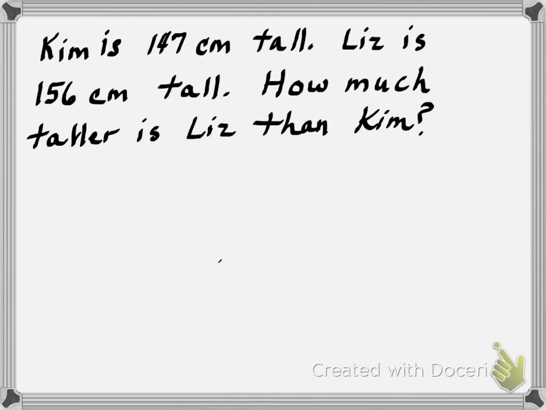Here's another one to try. Kim is 147 centimeters tall. Liz is 156 centimeters tall. How much taller is Liz than Kim? Just pause the video and solve it now.